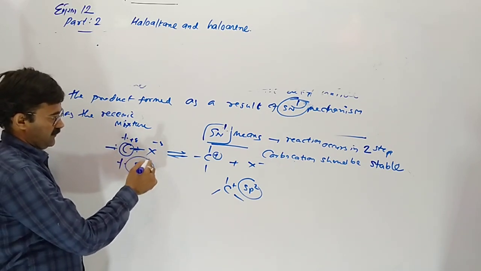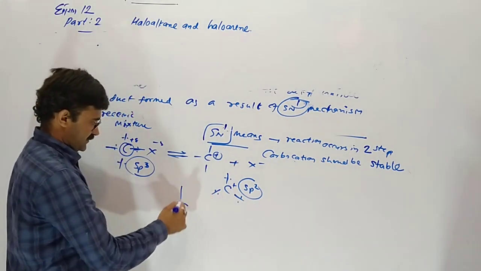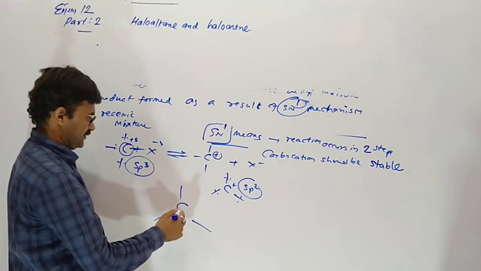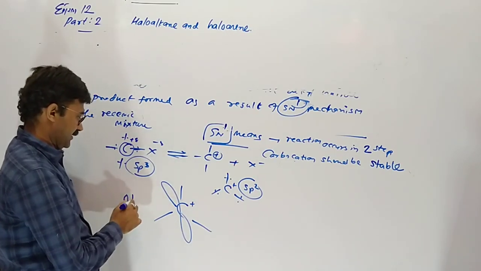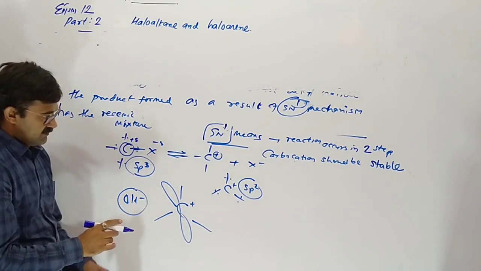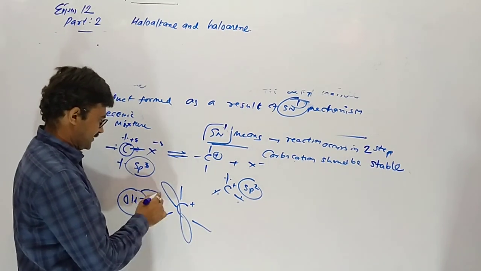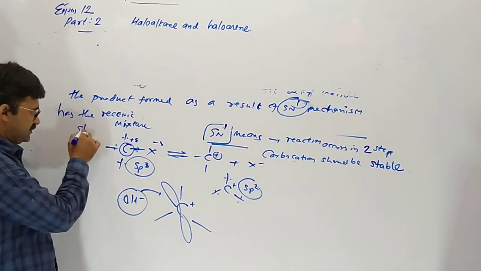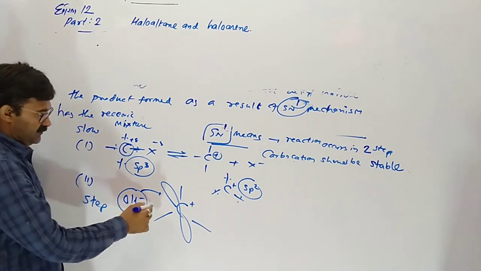After removal of the halogen, it has one vacant orbital. The first step is slow, the rate determining step. In the second step, the nucleophile enters.